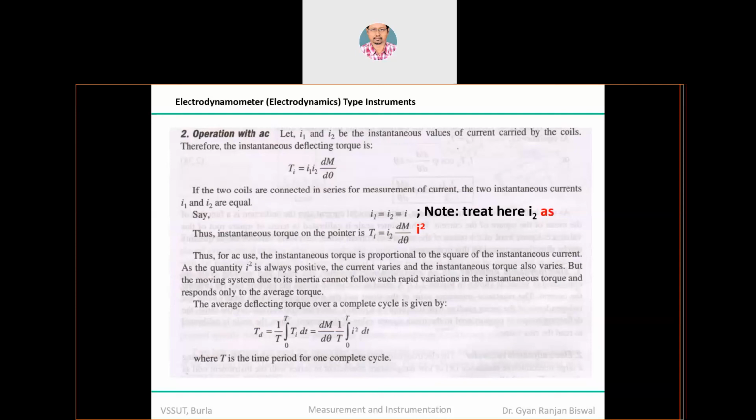So the inertia experienced by the pointer doesn't allow it to change rapidly with the current, and therefore you cannot measure the instantaneous value of the torque. What you can measure, within a fixed duration of time, is the average torque. So whenever you measure the deflection torque with an AC signal in an electrodynamometer instrument, you measure it for a fixed time period or for a complete cycle.